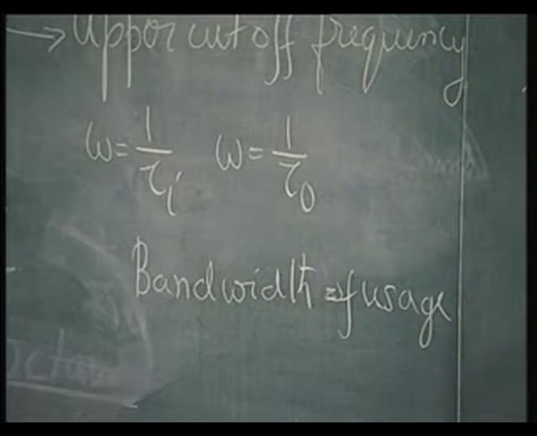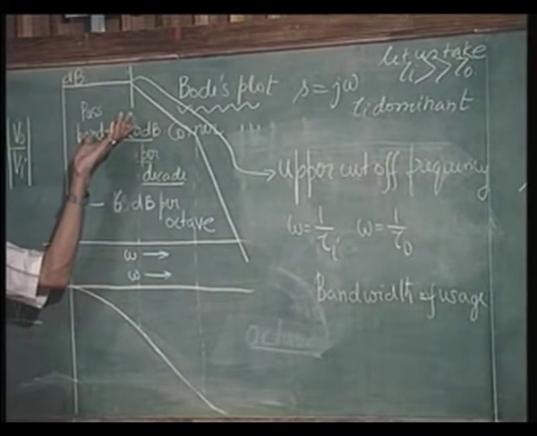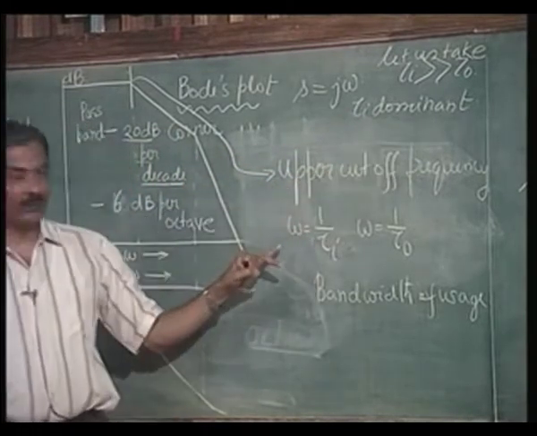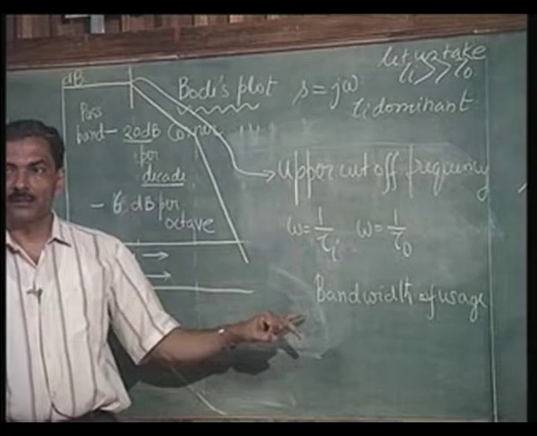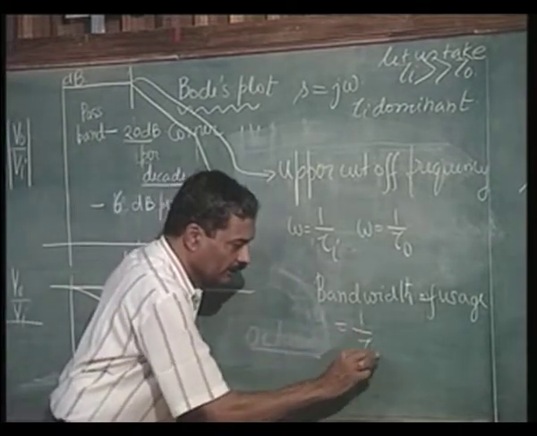So, the bandwidth of usage of this amplifier, for example, where tau I is the dominant time constant, is equal to 1 over tau I.